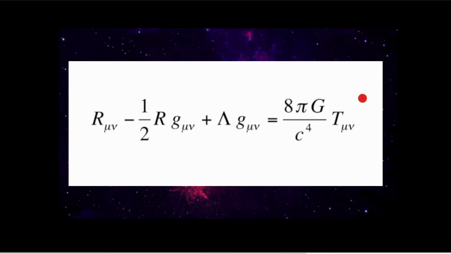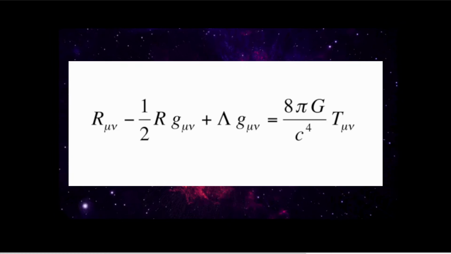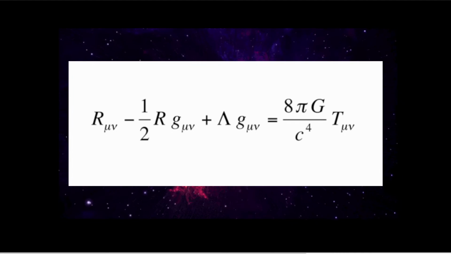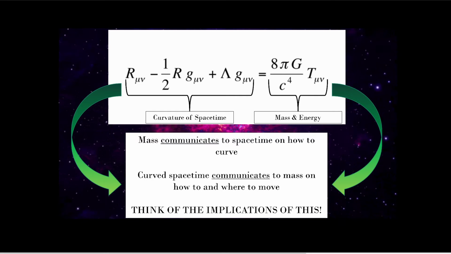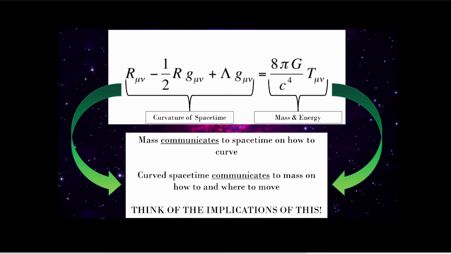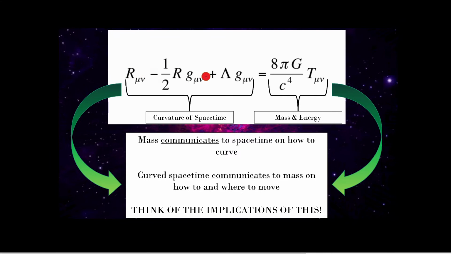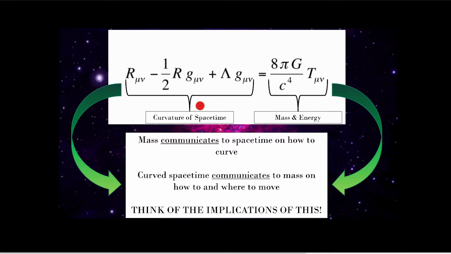So the whole point of this equation is that it balances 2 aspects. Everything on the left-hand side of the equal sign represents the curvature of space-time.